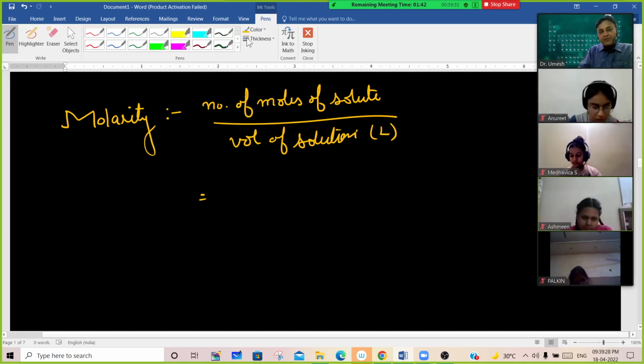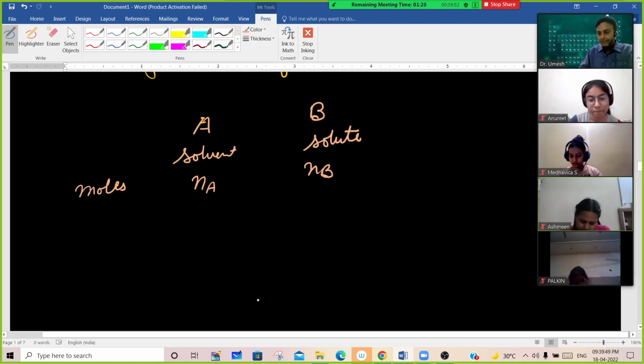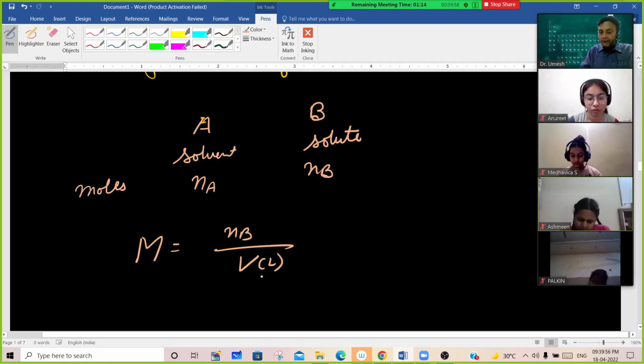Whenever in this chapter I use A, that stands for solvent, and B for solute. So when I say Na, it means number of moles of A. When I say Nb, it means number of moles of B. So molarity is equal to Nb upon volume in liters. Is that clear?